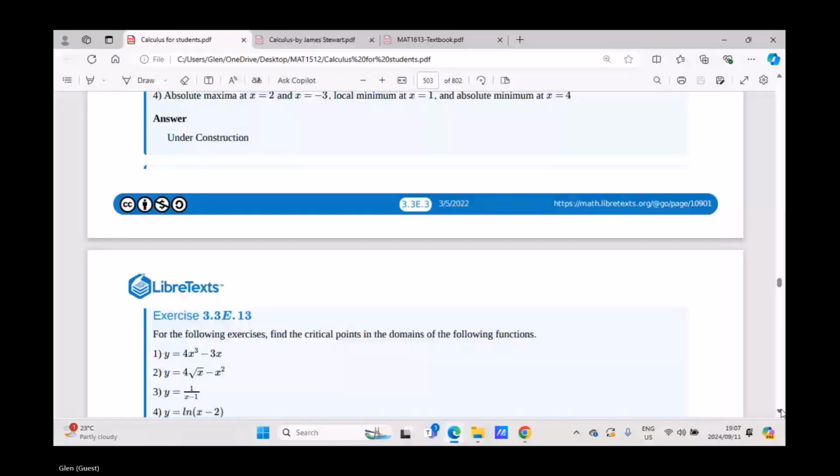Where? To the left or to the right? To the left. No, to the right.